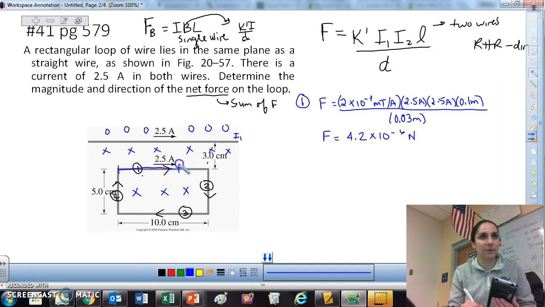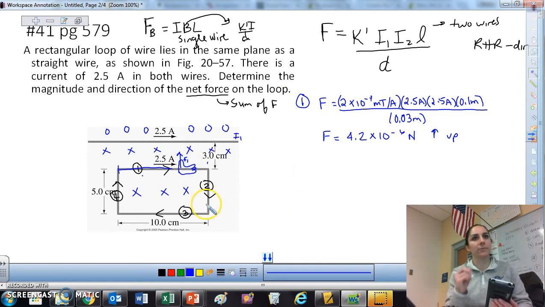So if I do that with my right hand, you would see my fingers go along the current, my palm is in, and when I do that, my thumb goes up, and that's the direction of the force. So my force is up at section 1. So that's basically, I'm going to do this 3 more times. So here we go.